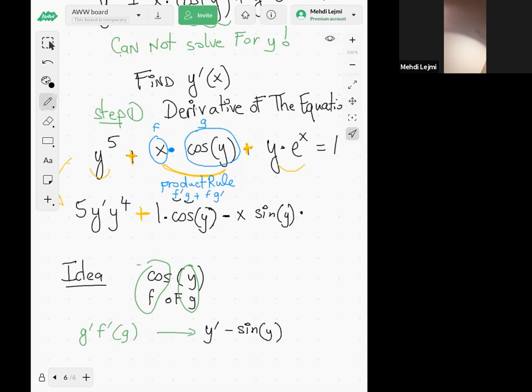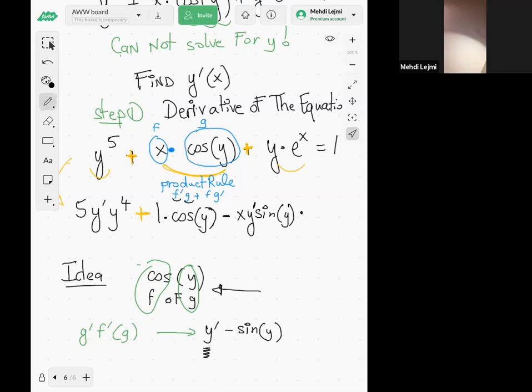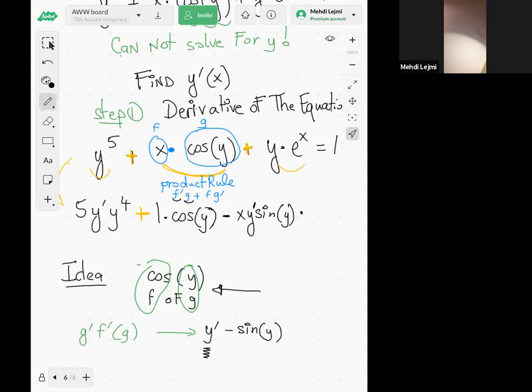Oh, okay, so there's this y prime missing. So it's minus x times y prime sine of y. You see why? Does it make sense now? You see, cosine of y is a composition of two functions. I think you applied the rule for natural log, but here we don't have a log. It's cosine of y, so it's a composition of two functions, f and g, where f is cosine and g is y, right?